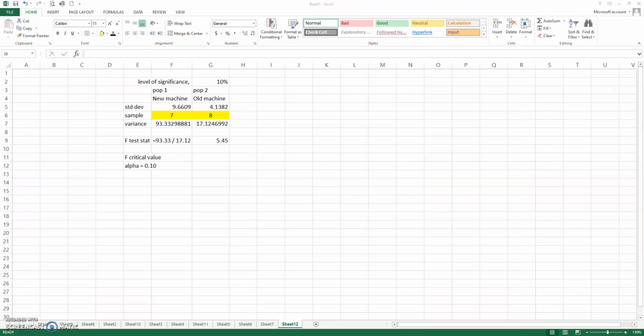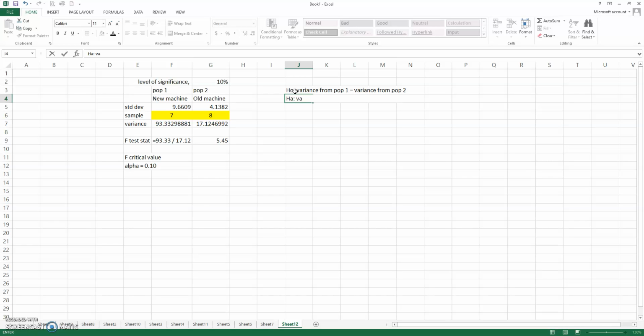That denotes that they're looking for either a positive difference or a negative difference, an overall difference. So we could write the null hypothesis as: the variance from population 1 is equal to the variance from population 2.